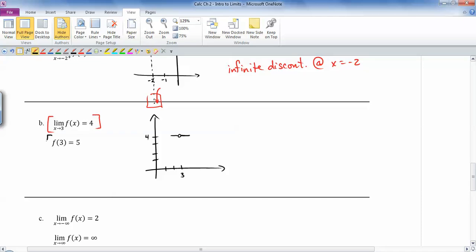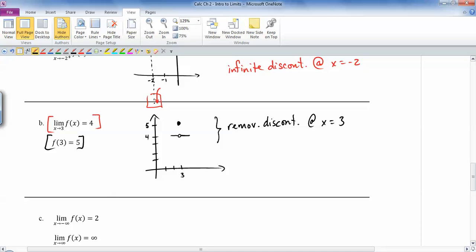And it also says that the value of the function at 3 equals 5. So the actual function here equals 5 there. So this info right here tells us that we've actually got a removable discontinuity at x equals 3.